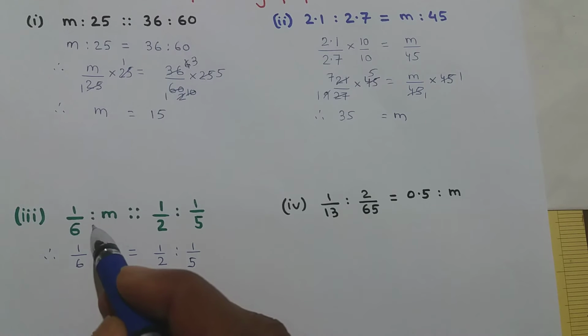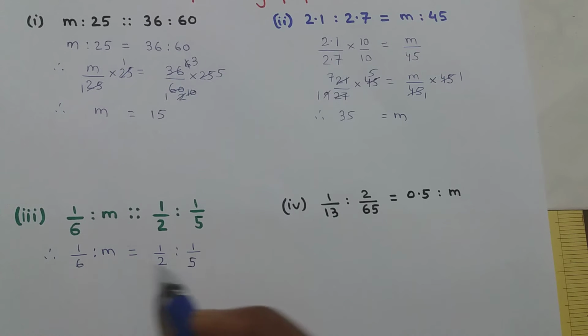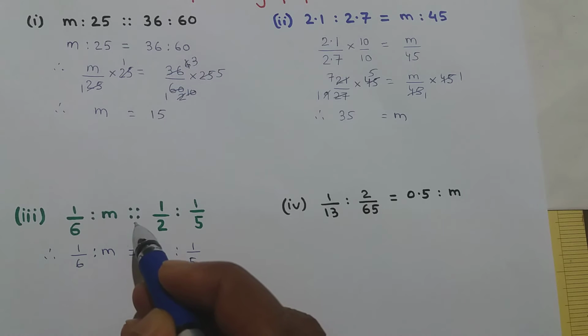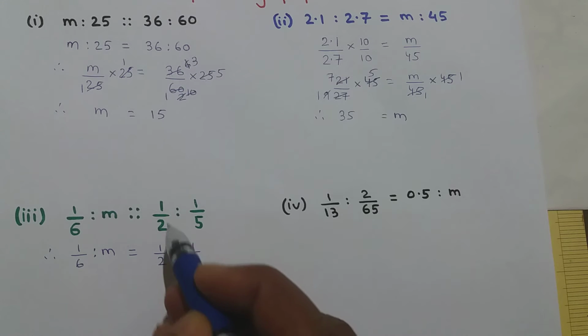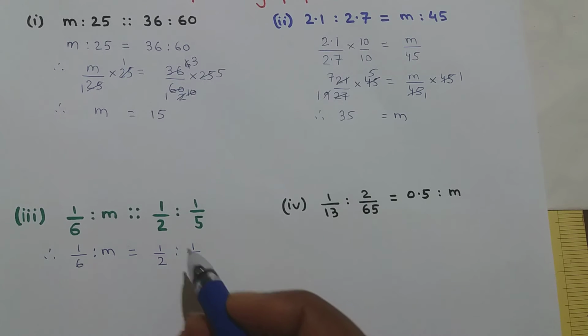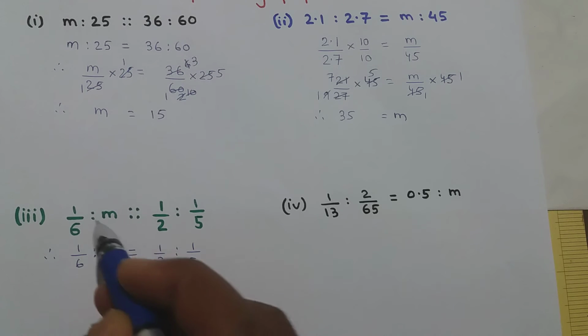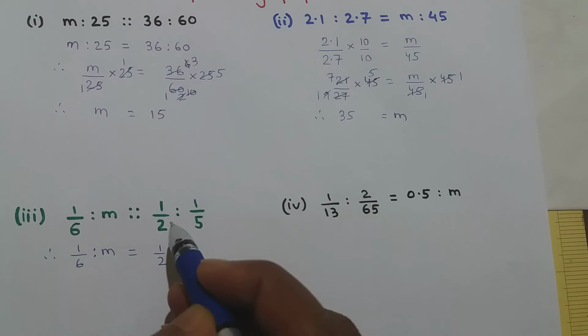Now why can I write this expression in this way? Because we have been told that 1 upon 6 is to m is proportional to 1 upon 2 is to 1 upon 5. Proportional means this ratio and this ratio are equal to each other.